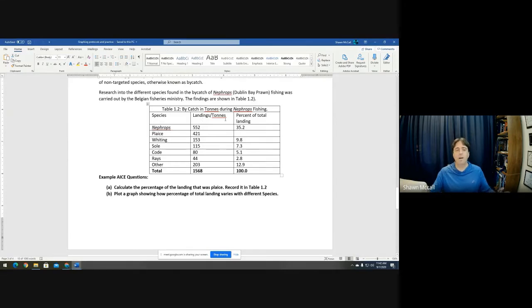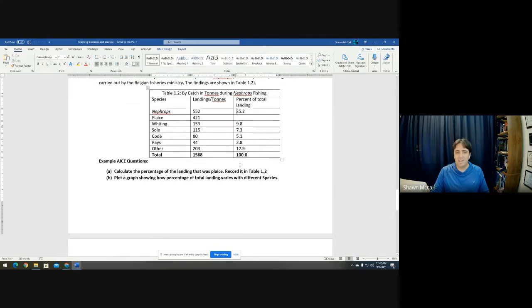Now landings would be essentially taking the fish and bringing it to shore. And then the percent of the total landing. Here you've got Nephrops, 552 tons, 35.2% of the landings. As you go down, you'll see the number for plaice, whiting, sole, cod, rays, and others. Notice there's a total here.